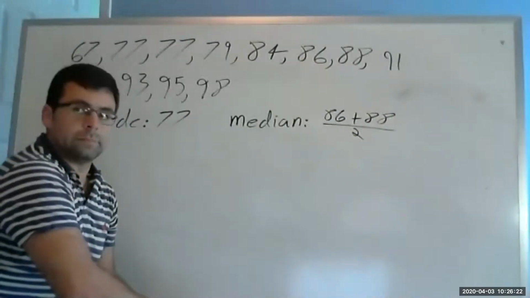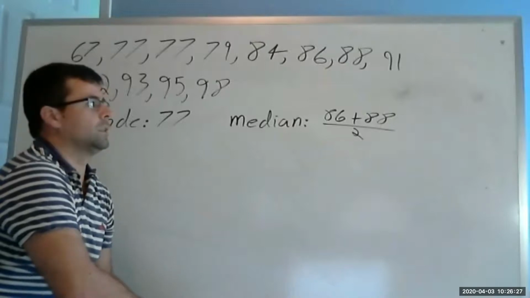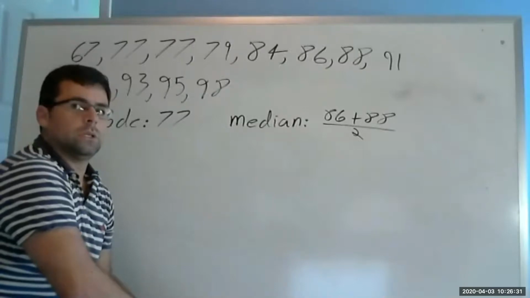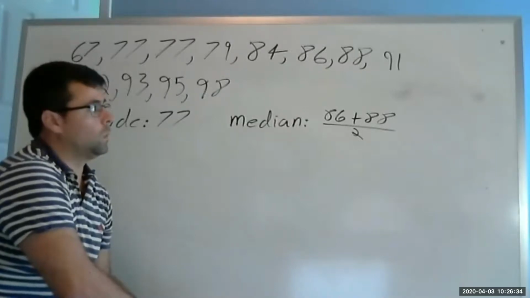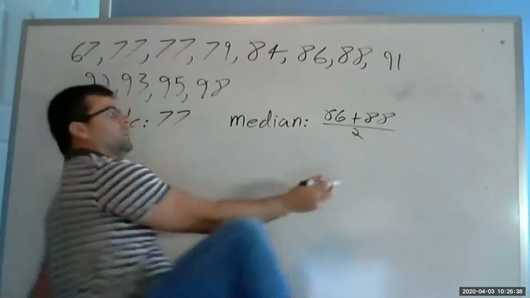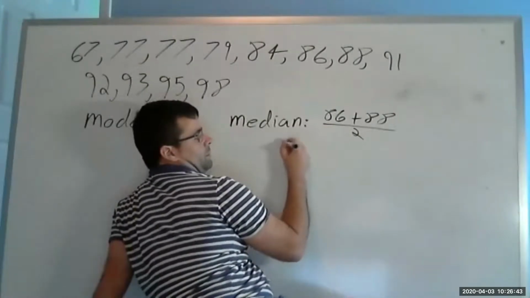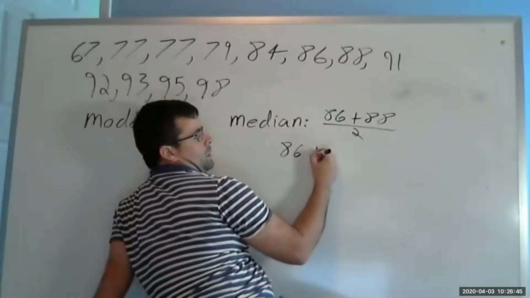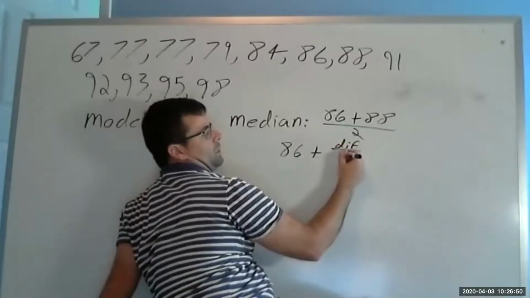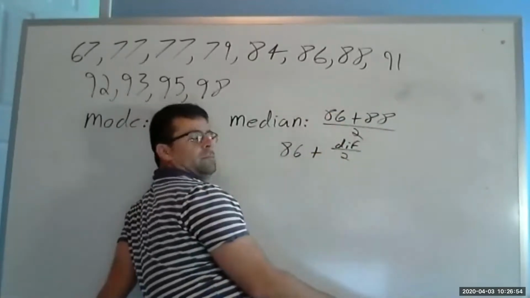This is the technical way to do it, but there's a much simpler way, especially if you have big numbers that are actually pretty close. I take the smaller number plus the difference over 2. So what's the difference between 86 and 88?